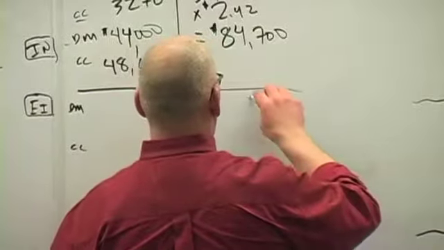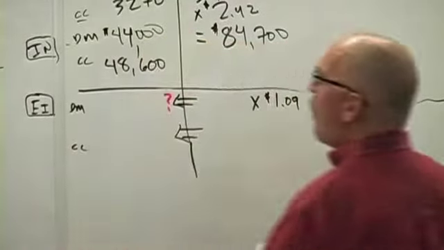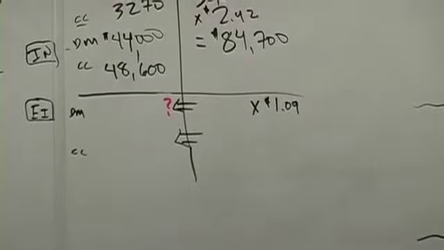What do you think I'm going to multiply times what? 40,000 times $1.09. What times the $1.09? 40,000, no. Because we're talking about what part of the T account?